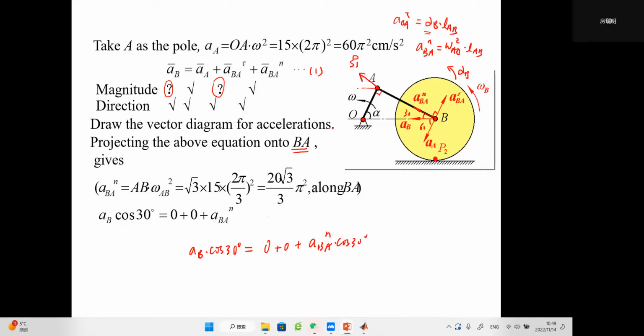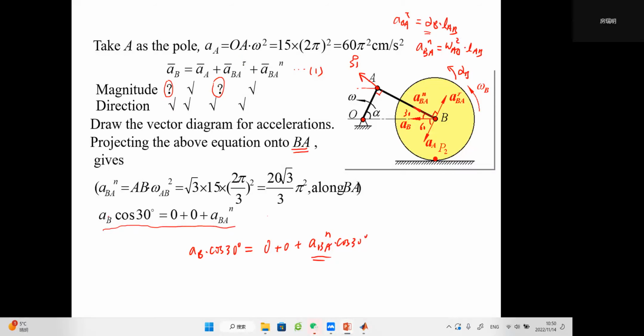But if we just project this vector equation on this direction, ABAN does not need us to find its magnitude. We know before the projection its magnitude and direction. So this is useless. So actually we can try to, I think, I'm sorry, I'm wrong. I will re-put it this way.